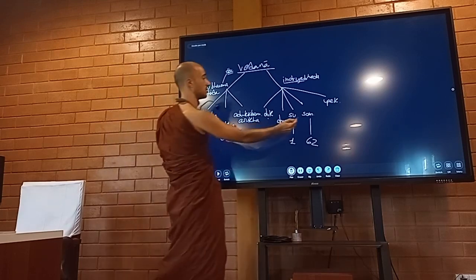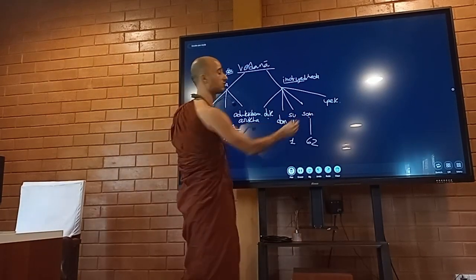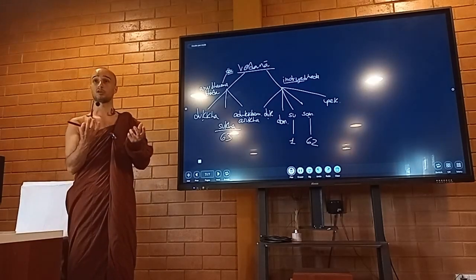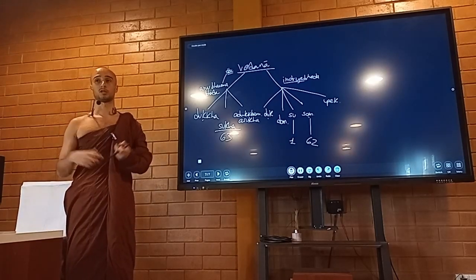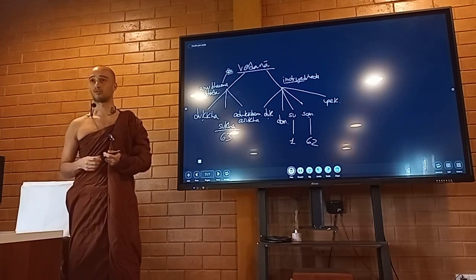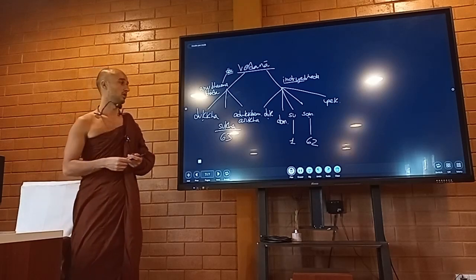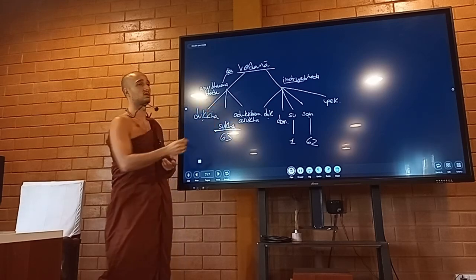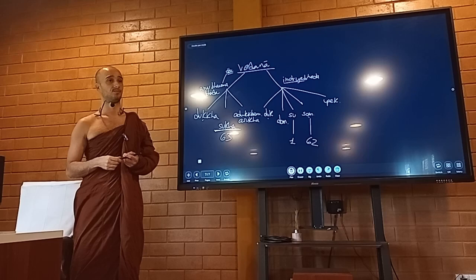This Somanasa here is called Sukha in the jhana. Normally we say Somanasa Sahagatang in the names of the Cittas, but in the jhanas we say Sukha, though it is Somanasa Vedana.